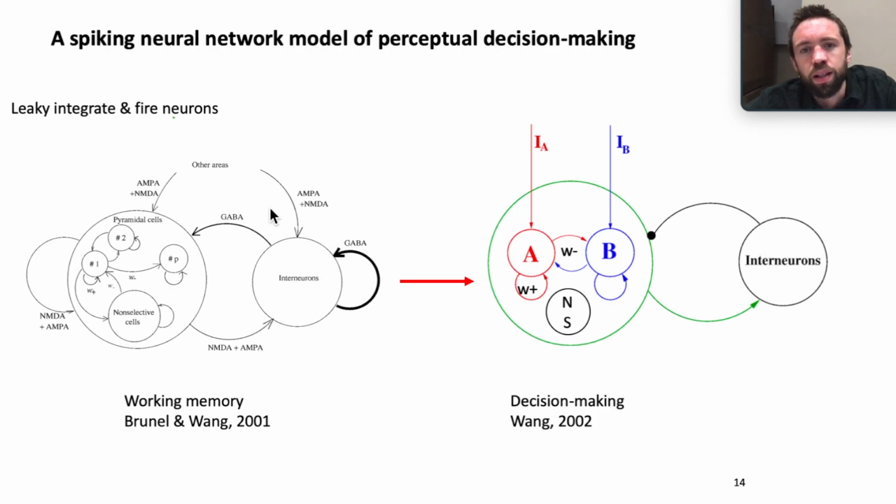But now, instead of inputting a transient stimulus to one population, we're going to input a sustained stimulus to both populations, A and B, and this will represent, for example, the different levels of coherent motion in the left direction versus the right direction in the random dot motion task.